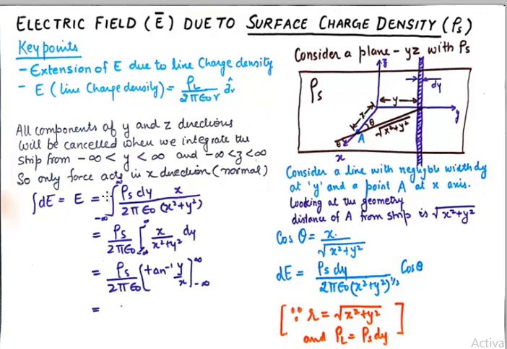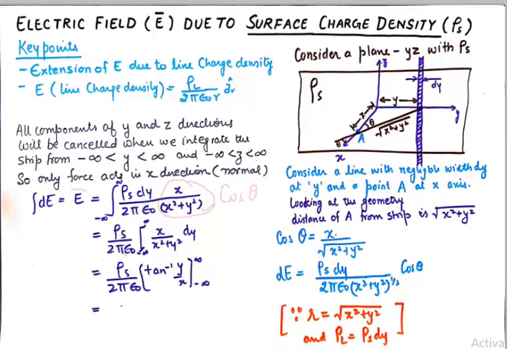And next is simple mathematics. If we integrate this dE, we get the total electric field which we are striving to find out, and inside we have rho s dy upon 2 pi epsilon naught, and cos theta, this is the expression for cos theta. Of course, cos theta is x upon x square plus y square under root, these two under roots, x square plus y square, they've combined to become 1.